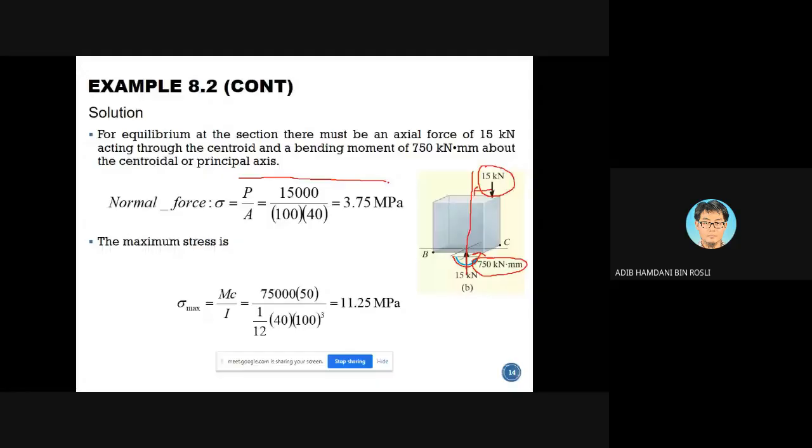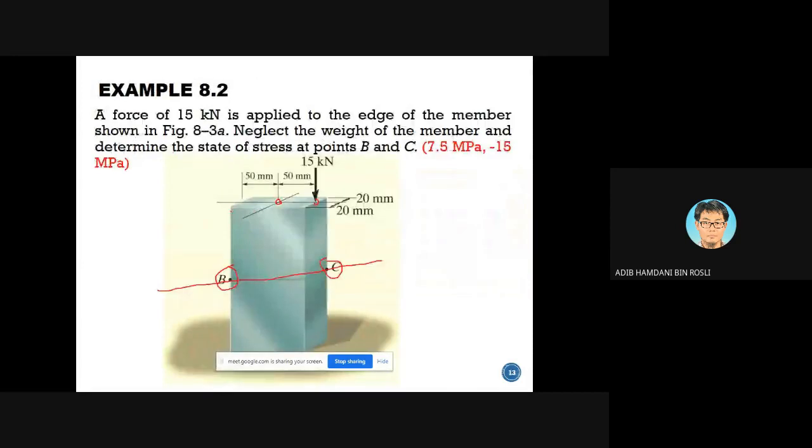So what happened here? Due to this 15 kilonewton internal compression load, you can simply find the normal stress: 15 kilonewton divided by the area, which is 100 times 40. Simple as that.